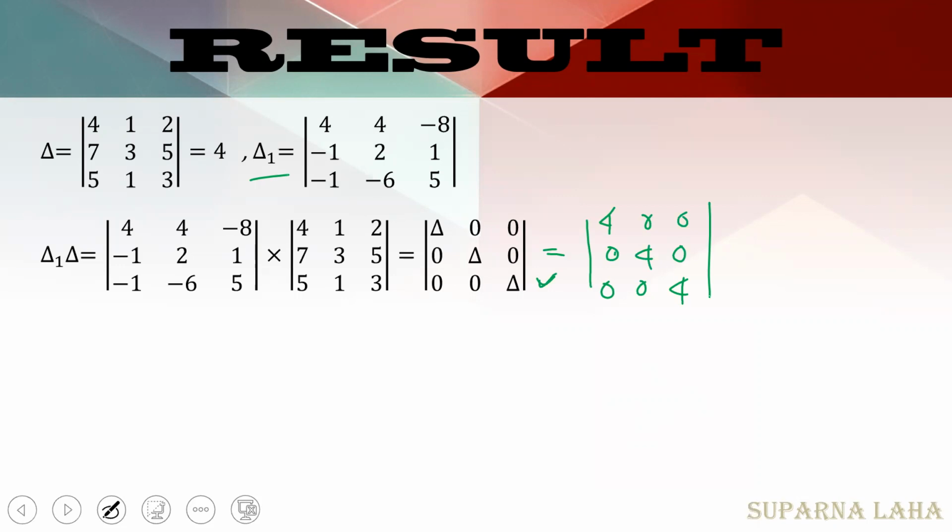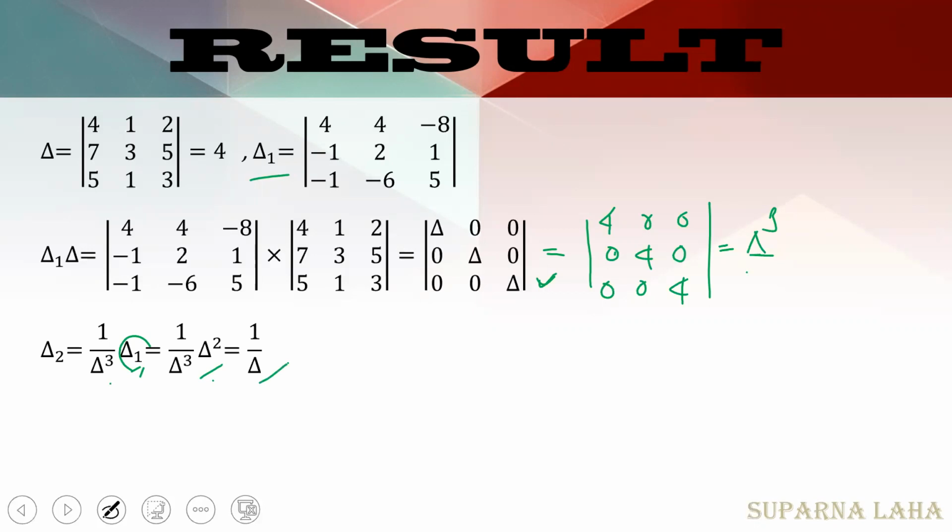So that means I can write this as delta cube. So delta 1 into delta is given by delta cube. So delta 1 is given by what? Delta square. So at that time we can write this delta 2, that is the reciprocal determinant, as 1 upon delta cube into delta 1, and in the place of delta 1 you can put delta square, and ultimately this value is given by 1 upon delta.